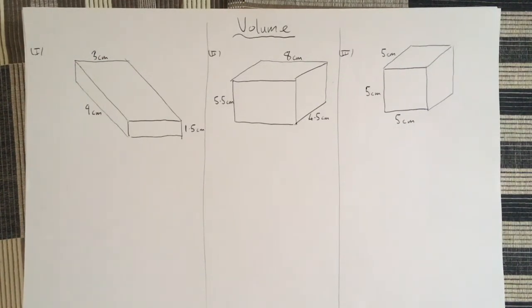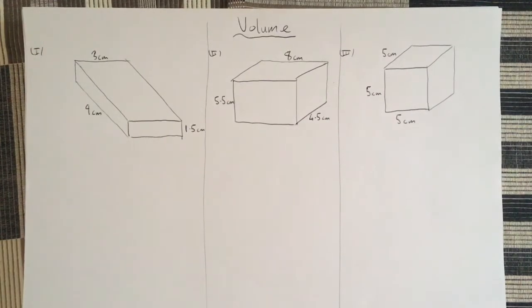Okay, so we're going to be looking at three-dimensional objects like cubes and cuboids. What we are looking at is how much space they would take up in the real world. You've probably seen volume most in the real world on, say, cans or bottles.